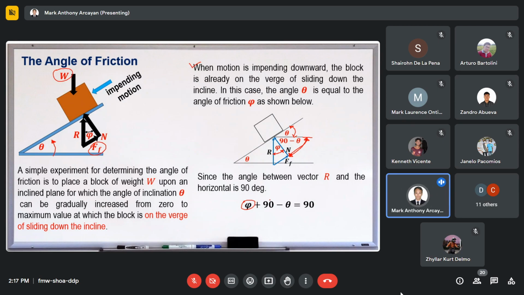Transposing to the other side, the 90 cancels out, so you will end up with the angle phi equal to the angle theta. This is how you determine the angle of friction for a block that slides on a certain type of surface. It is a simple experiment for determining the angle of friction.